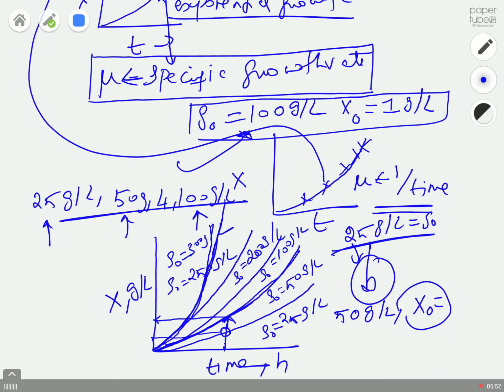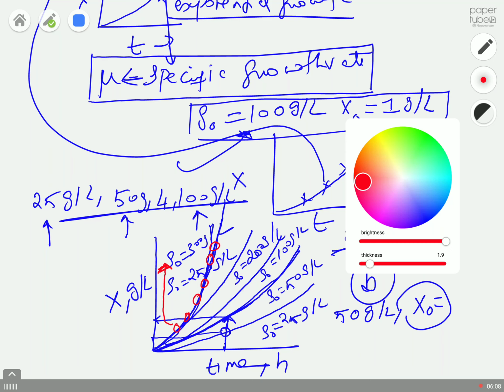Let me use a different color. Say these red circles are your microbial concentration when you start with an initial substrate concentration of 300 grams per liter, and the blue lines here, just assume they are the microbial concentration when you started your experiment with 200 grams per liter.